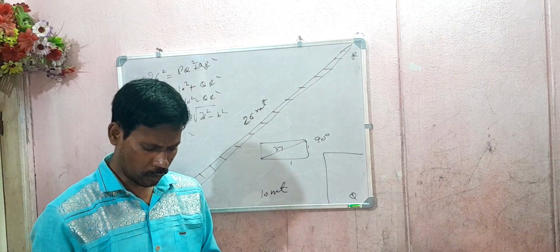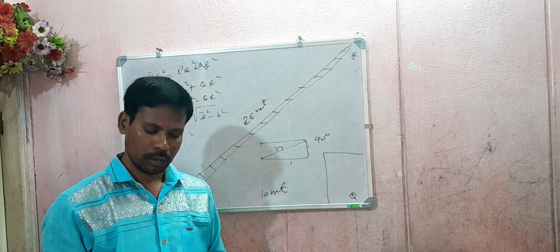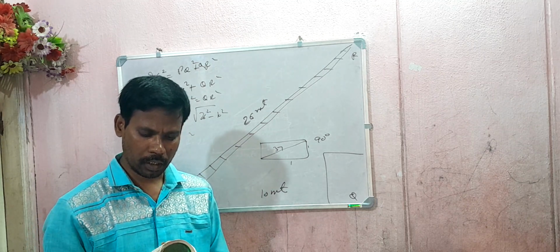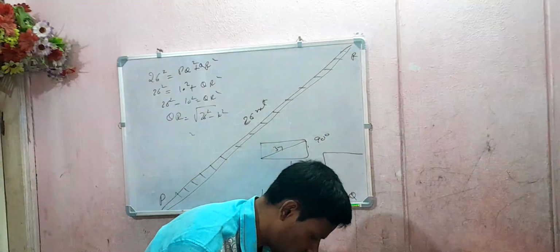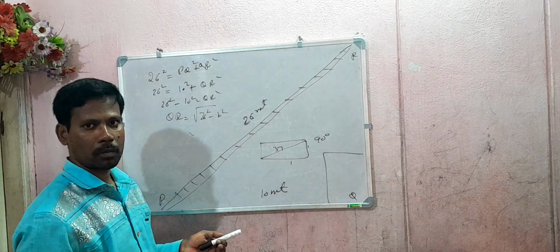I just want to say something about the congruency part, and we will be doing more problems based on that. Congruency, what do you mean by congruency? Congruency and similar triangles. So with this, the Pythagoras theorem problems are finished.